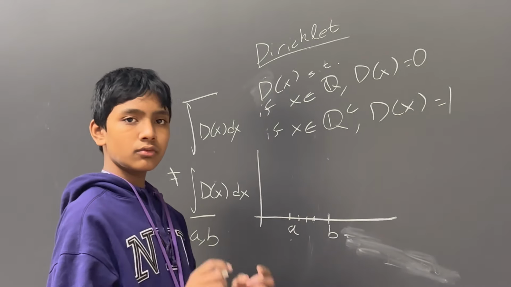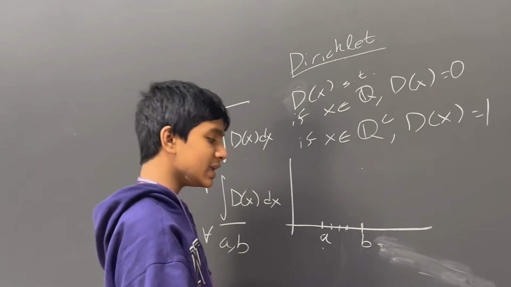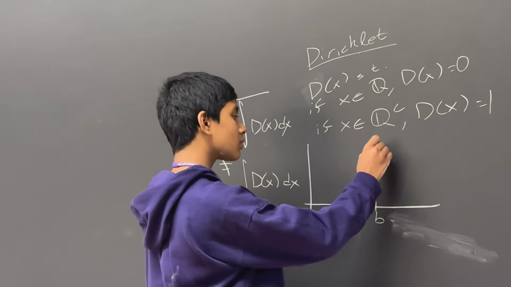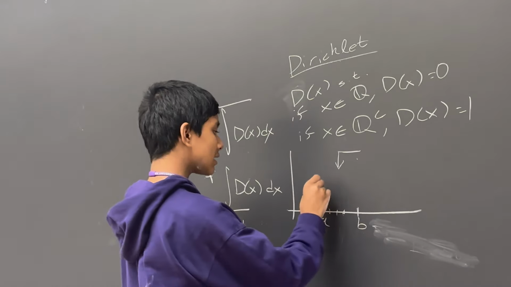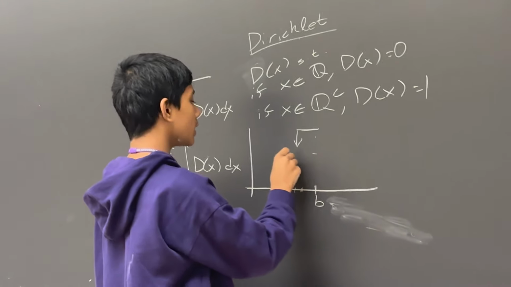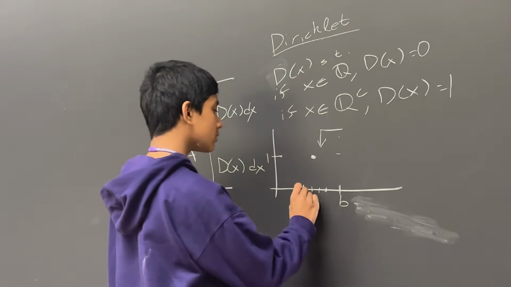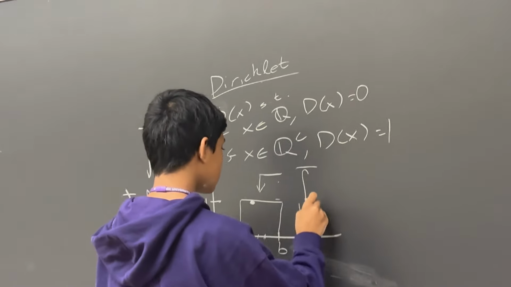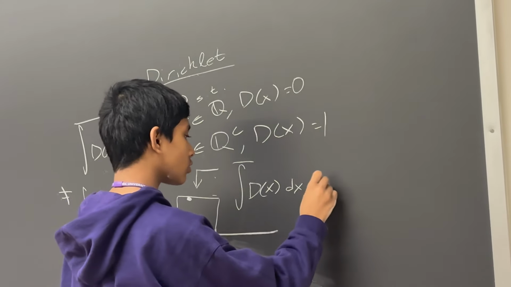So, what we can do is we can say, in this interval A to B, since A and B are two distinct numbers, there must exist an irrational number somewhere within, which means there must exist at least one point where d of x is equal to 1. And so, we take the supremum of that, and boom. Our upper integral of d of x dx is suddenly greater than 0.